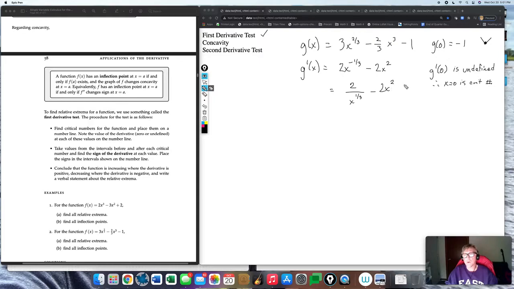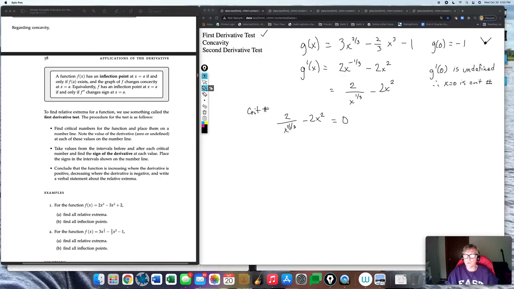Alright, now how do I find the other critical numbers if they exist? Well, the other ones happen to be where this stuff is equal to 0, right? Okay, now I can multiply everything through by x to the 1/3 to find out where it's equal to 0, right?